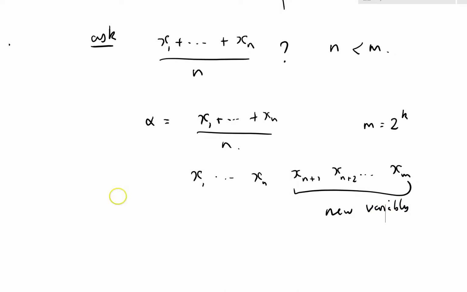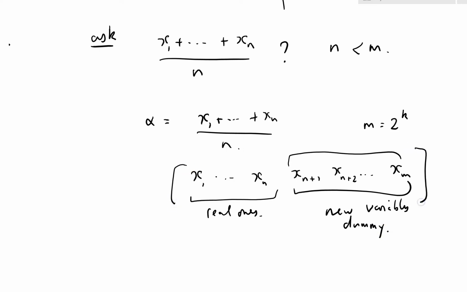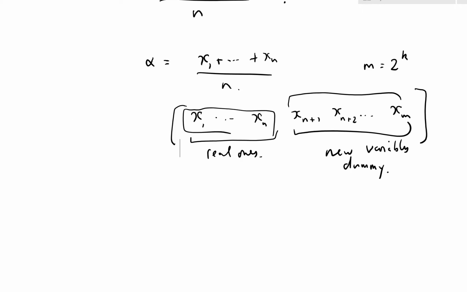I'm interested in the real ones, and these are kind of dummies. They're not really dummy variables, but I know the arithmetic geometric mean inequality holds for any set of m variables, and I'm only interested in these first n. So I can make the extra ones what I like. What am I going to choose?